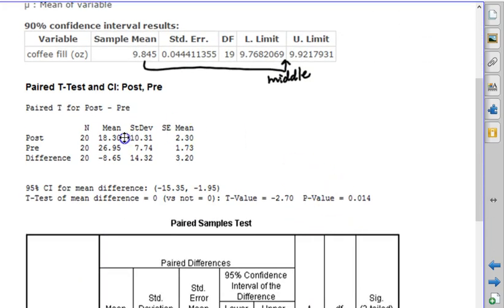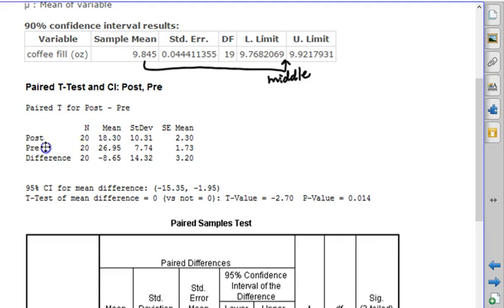So in this example, let's just say this was the average score on the pre and post quiz in a course. Okay, so actually no, that would probably not be a good example because that made it look like they did worse after than they did in the pre-test.